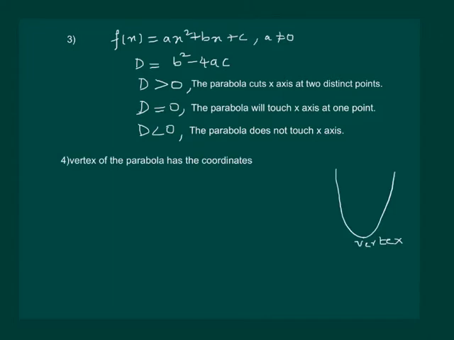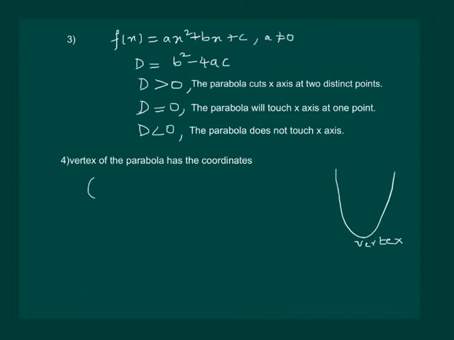The point at which the parabola turns is its vertex, and we can find the coordinates of the vertex of the parabola from the coefficients in the given polynomial by substituting in.